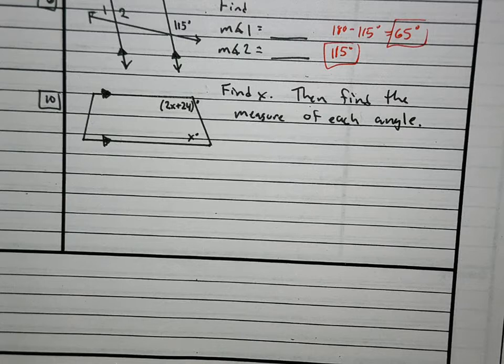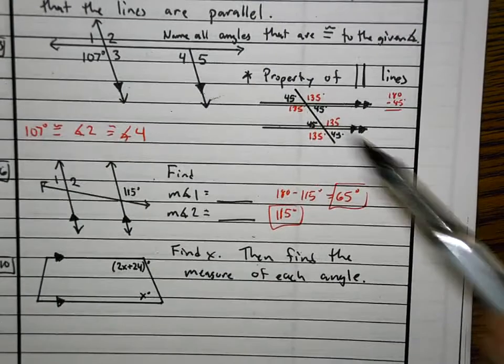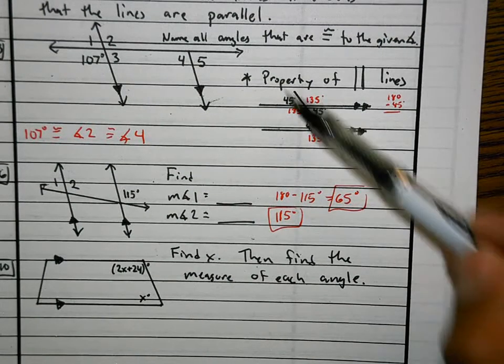So when you start getting to trapezoids, this may not look like what we've been doing, but it's exactly the same thing as what we just did with the whole slide down thing that we talked about. Here's your two parallel lines. In every problem that you've been doing, you have parallel lines and then you have a transversal.